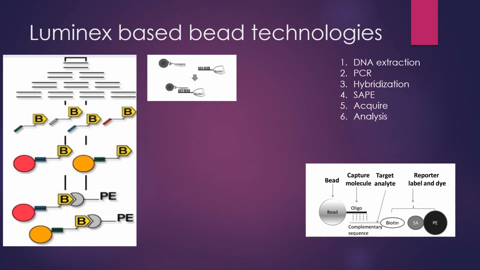Once we've performed the hybridization, we will acquire the beads on the Luminex, which is a flow cytometer. And then once we have the raw data, we'll analyze that. So this is kind of a breakdown of what happens. We have these Luminex beads, which have a capture molecule, which in this case is an oligonucleotide.